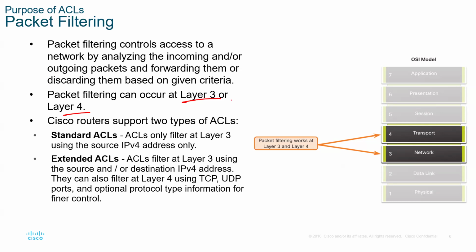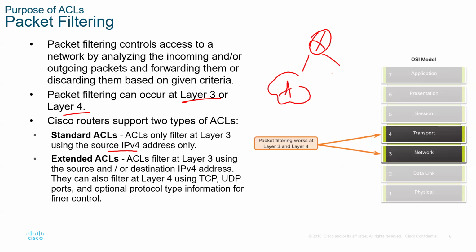Standard ACLs are used to filter traffic by checking where it is coming from, using IP addresses, where it is coming from only, not where it is going. So a standard ACL filters traffic based on the source IPv4 address and only that. So you could have a network.